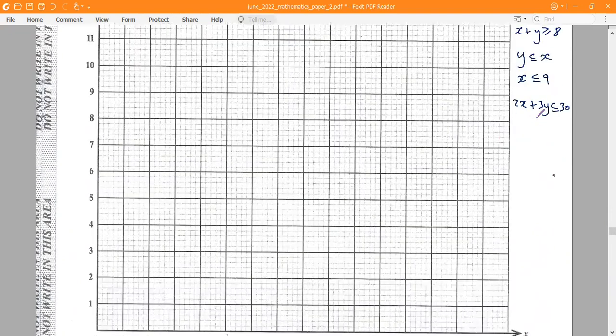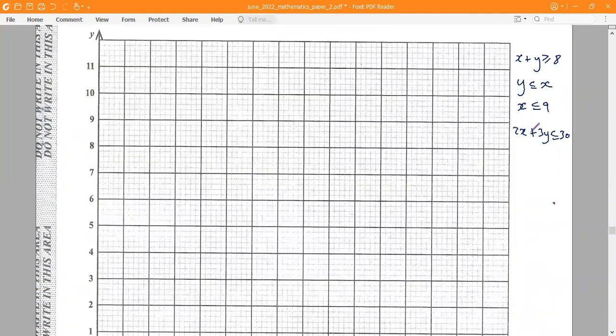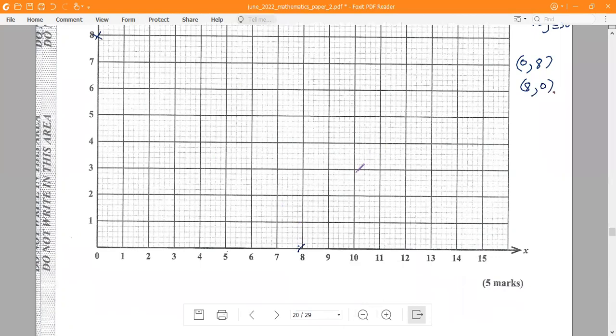So let's plot x plus y is greater than or equal to 8. So for this one, when x equals 0, y is equal to 8. And when y equals 0, x equals 8. All right, so 0, 8, and 8, 0. All right, we could use our third point for verification.